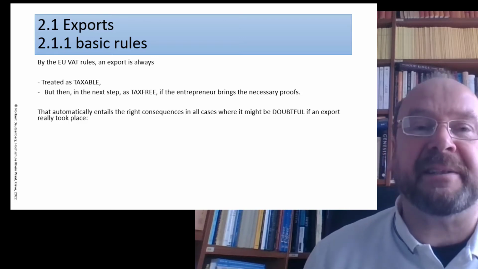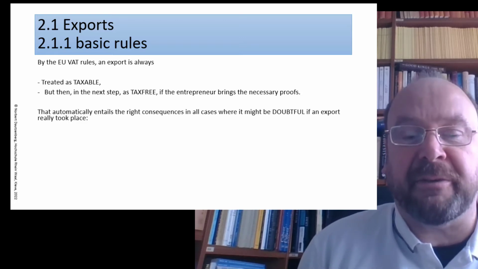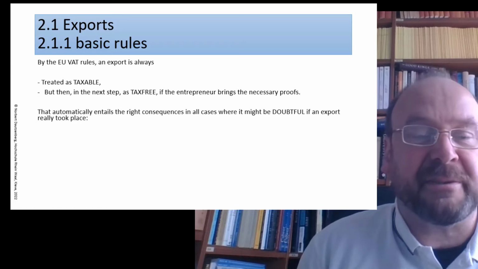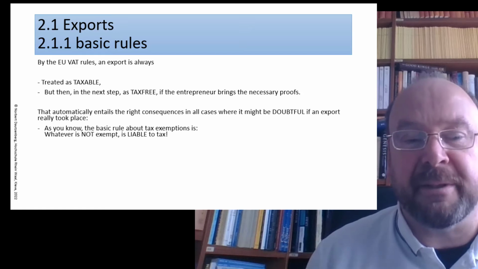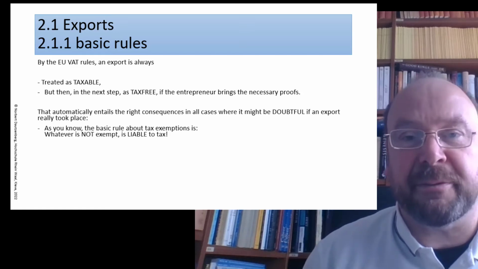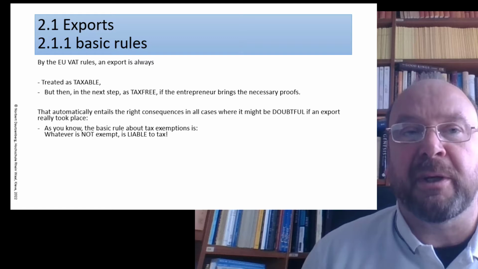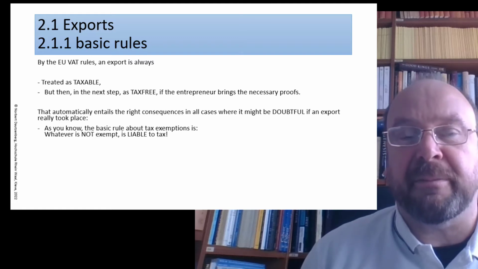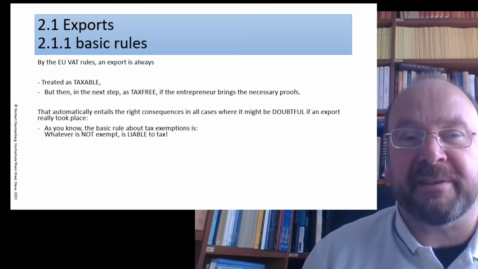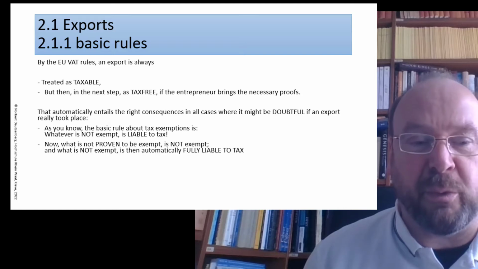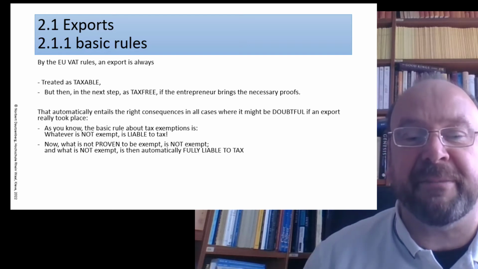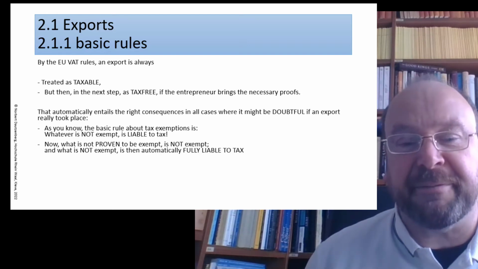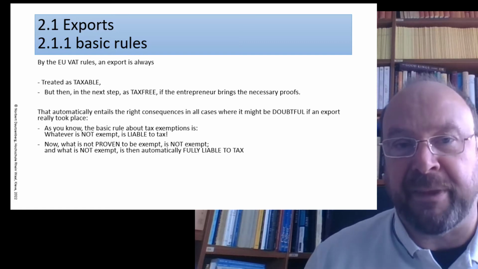That now automatically brings along the right consequences in all cases where it might be doubtful if an export really took place, because the basic rule is, as you know, what is taxable and what is not exempt is liable to tax. Now, what is not proven to be exempt is not exempt, and so what is not proven to be exempt is then automatically fully liable to tax.